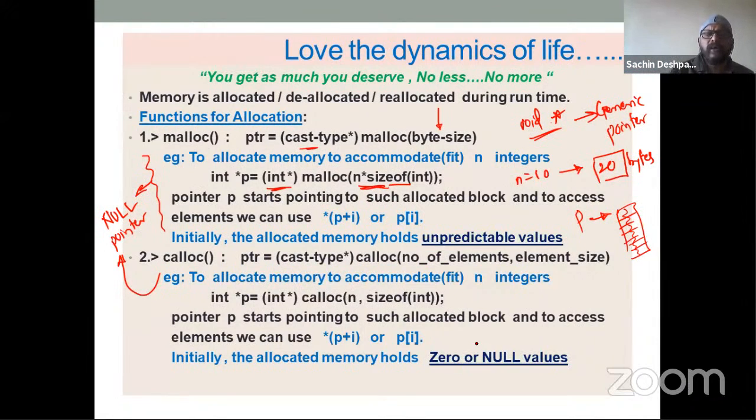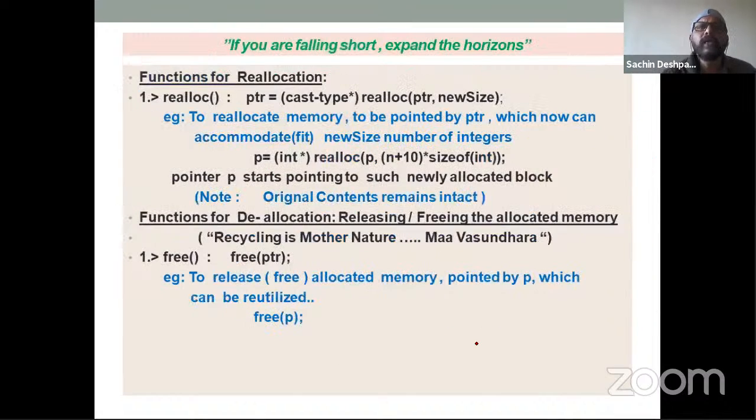You can release the memory by using the free function so that it can be utilized for another purpose. So this is a kind of recycling which can be carried out by using free. So this is about the two functions available for memory allocation.